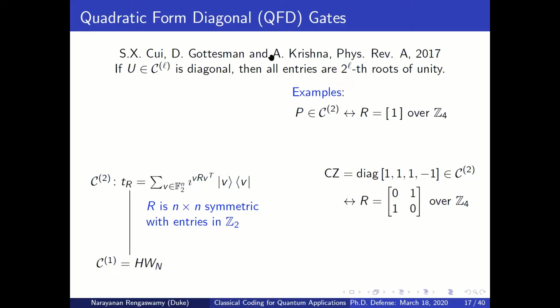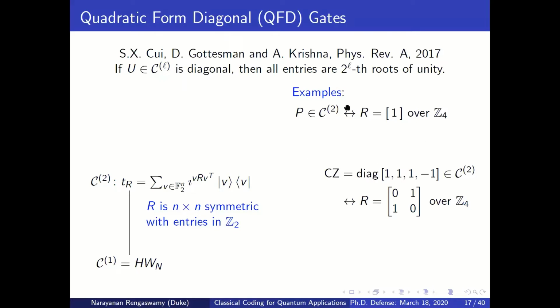Now, what these authors showed in this paper is that if you are a unitary operator living in this hierarchy and you're diagonal, then your diagonal entries have to be a 2 to the nth root of unity. Here you see that this number is a 4th root of unity, since i to the 4 is 1, but any operator in this hierarchy has to be a 2 to the nth root of unity, is what they showed.